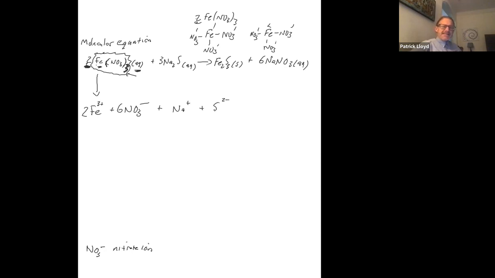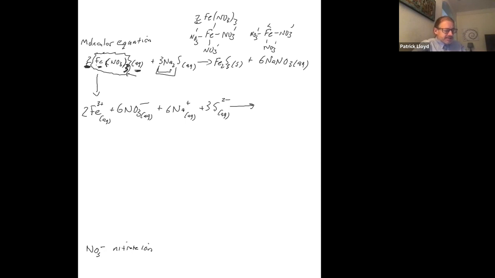Well, it looks like there's 2 of them, but then you've got the 3 in front. So it's 3 times 2, you've got 6. You've got 3 sulfurs. Notice 6 pluses and 3 -2s are going to cancel because 3 -2s is -6. Again, anything that has a charge is aqueous. Ions, we call them.